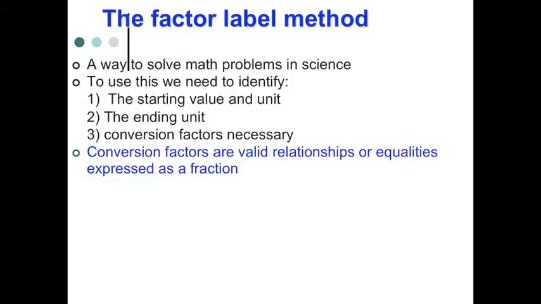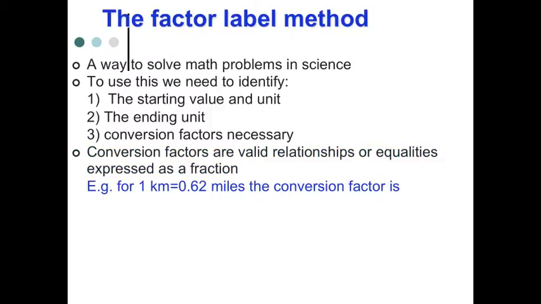People from Illinois or Wisconsin don't know that conversion equality. So one example of a conversion equality is 1 kilometer is 6/10 of a mile, or specifically 0.62 miles.